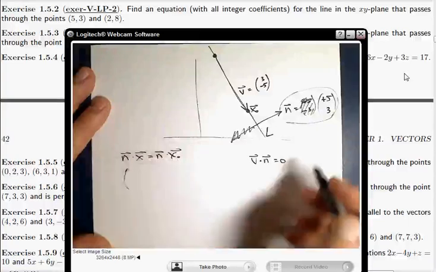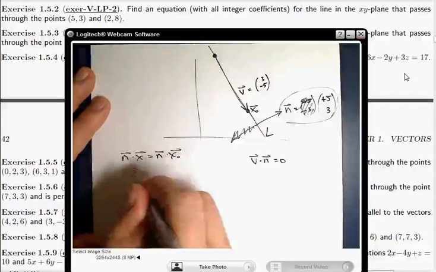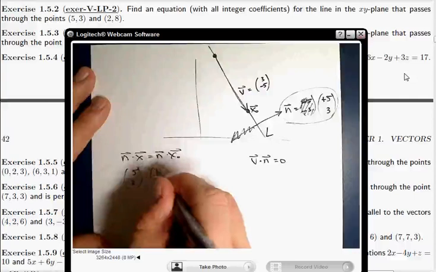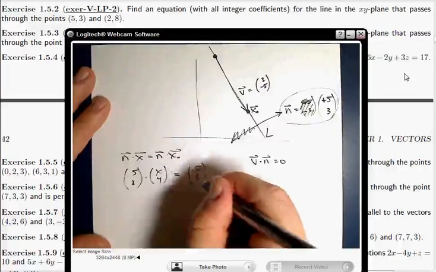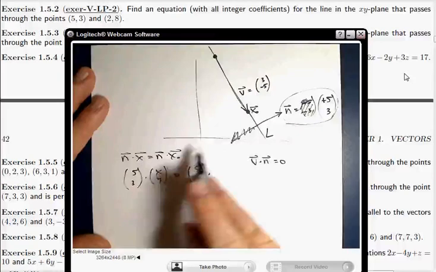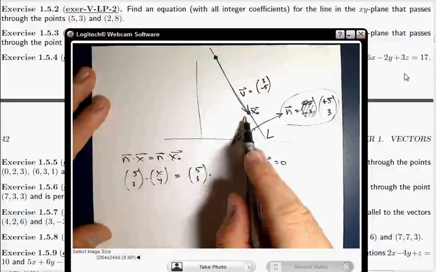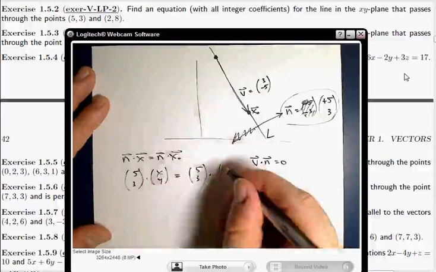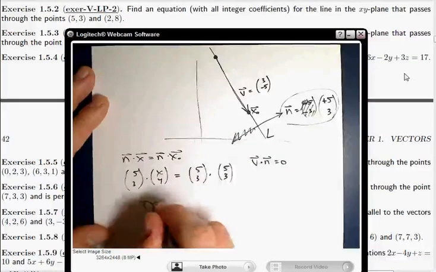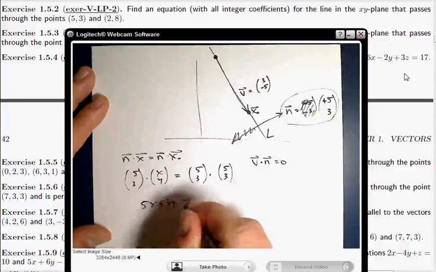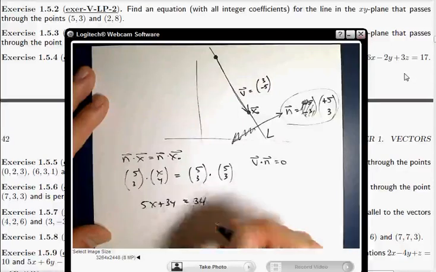So let's see, my normal vector was (5, 3). Okay, (5, 3) dot (x, y) equals (5, 3) dot, let's see, my x naught is (5, 3). Okay, what are the odds? That was inadvertent. And altogether you get 5x plus 3y equals 34.